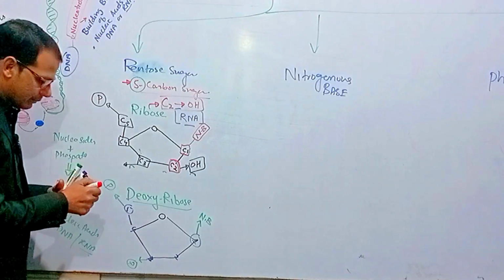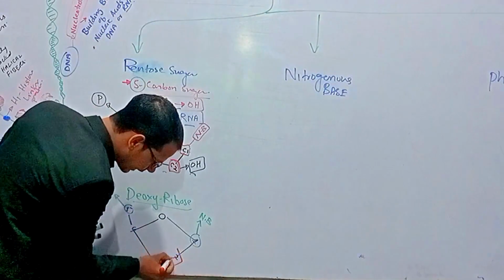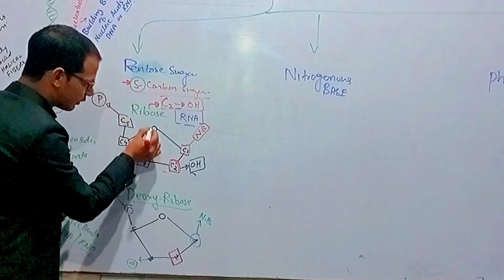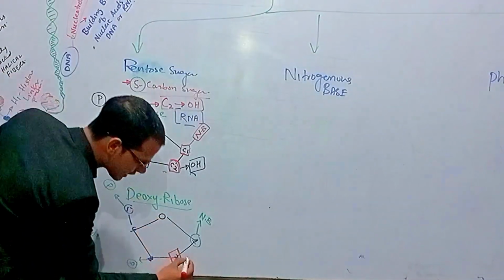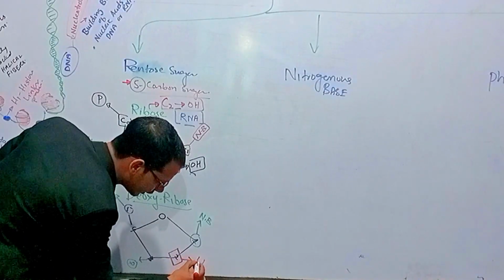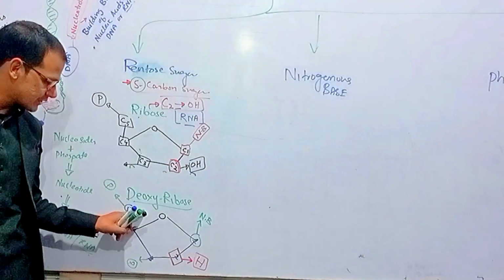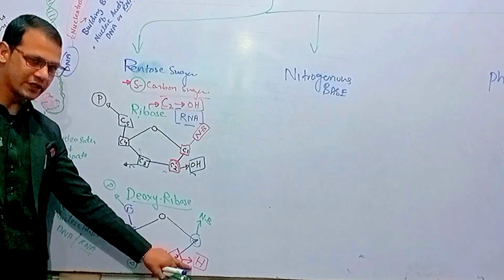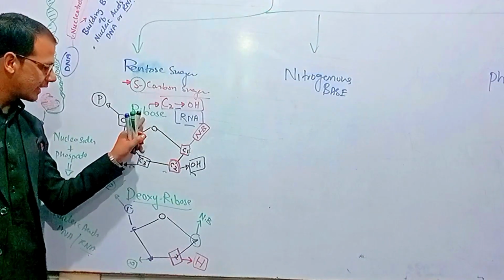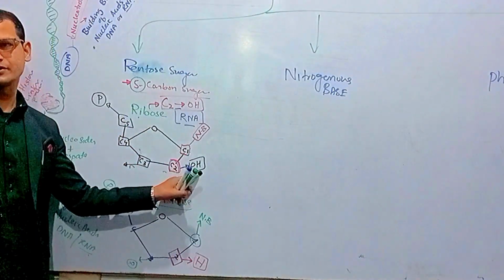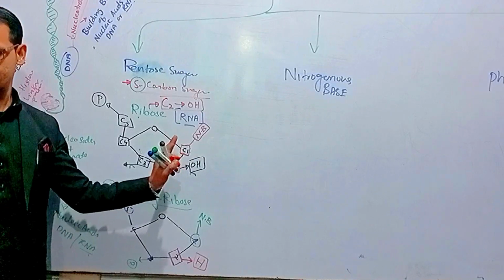And this carbon number 2 differentiates deoxyribose from ribose because this carbon 2 has only hydrogen. Right? In deoxyribose, carbon 2 is attached with hydrogen, and in ribose, carbon 2 is attached with a hydroxyl group. This is the important difference.